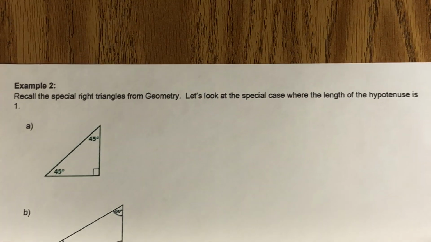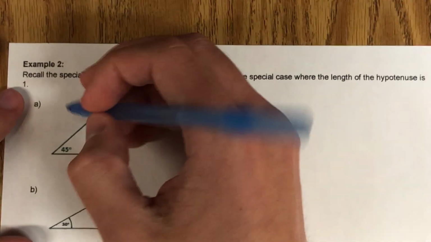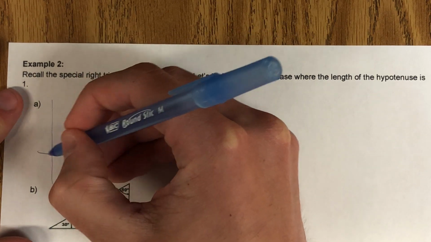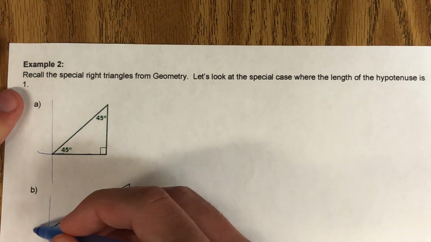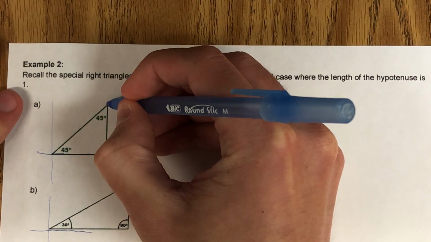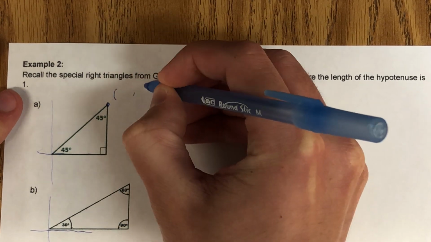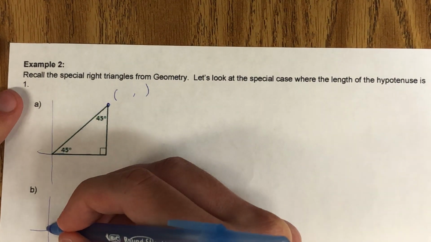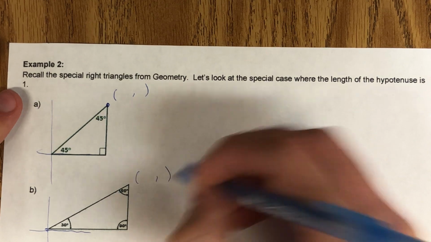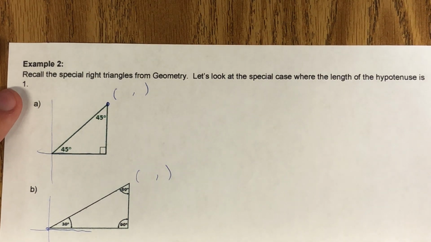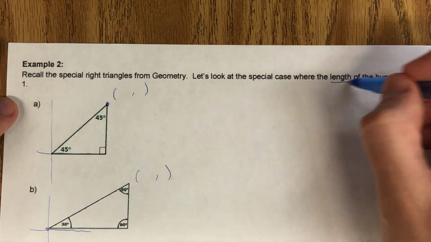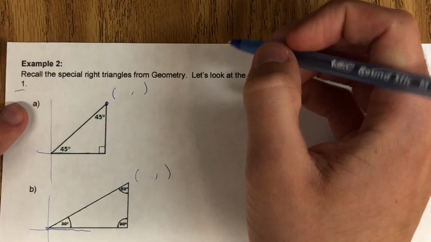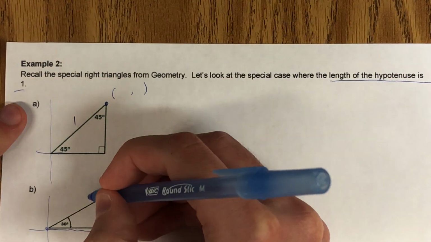So what I'd like us to do is determine, if this were the unit circle, so let's pretend all of these have these coordinate planes here, what would our terminal point be? Remember, the length of the hypotenuse is 1 since we're talking about the unit circle.